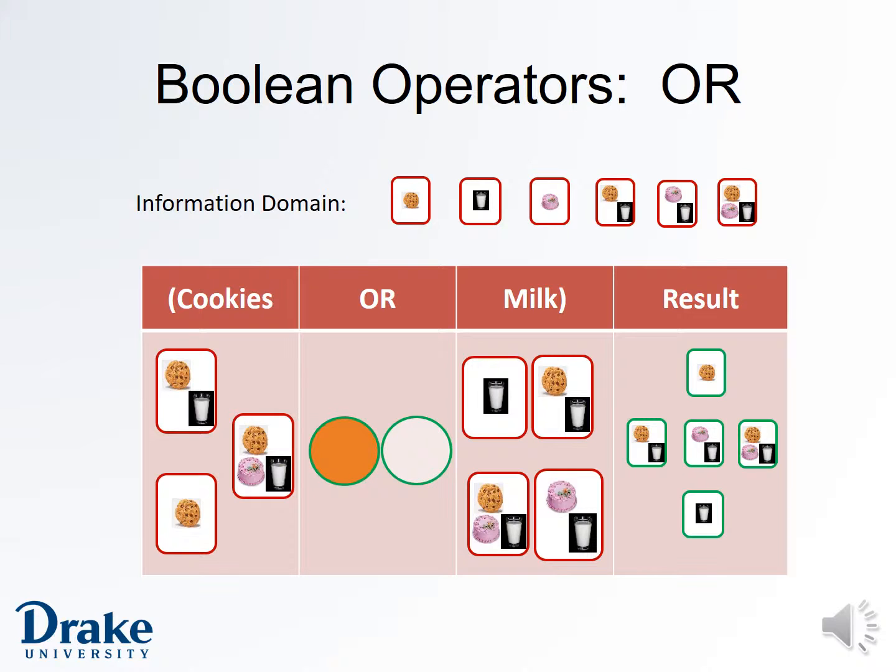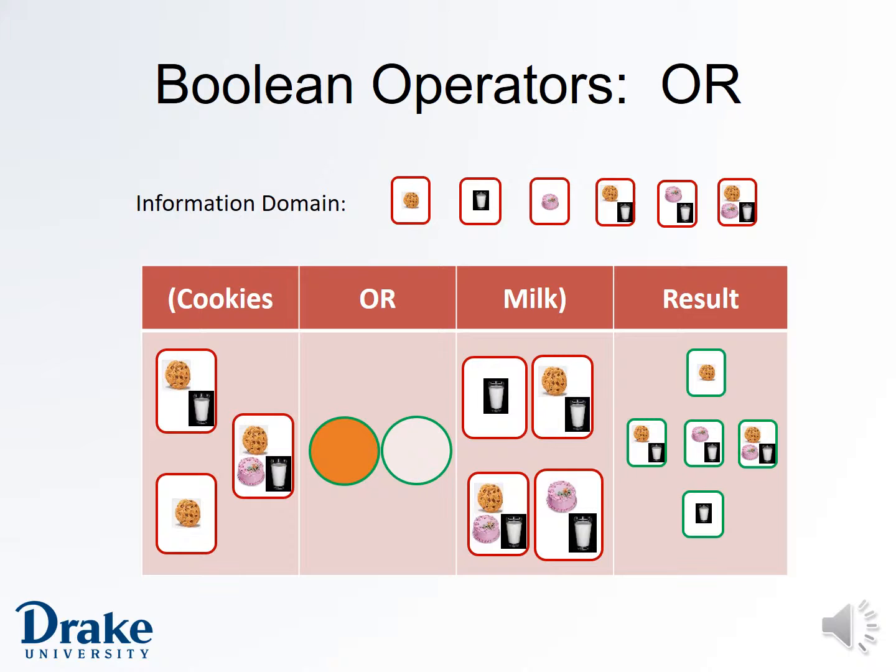Now, one other caveat is that I know a lot of you have already done Boolean operators way back in K-12, so you may have some level of familiarity. But my experience is that a lot of students, in using Boolean operators to control for precision and recall, get these two reversed. The reason is that in natural language, AND and OR actually work the opposite way. For instance, my daughter comes up to me and she wants cookies and milk. She actually wants both, right?